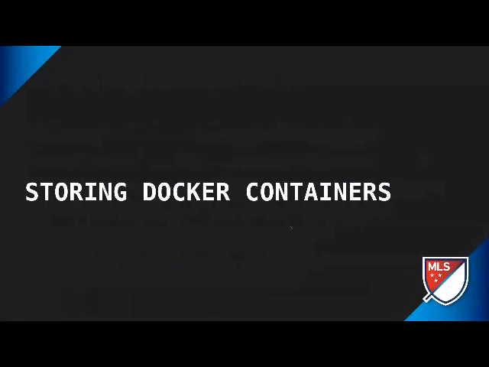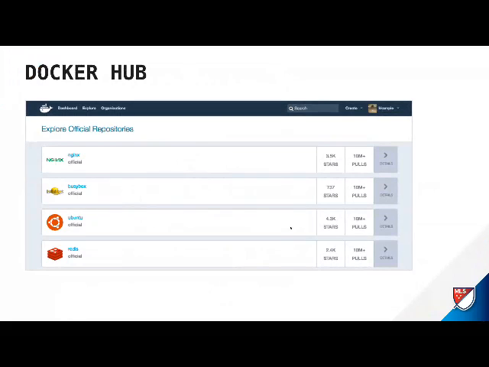So now that we can tag them and we understand we have to build them, we need to store Docker containers. So you have a couple options. The first one is Dockerhub. So Dockerhub is basically the equivalent to GitHub, except instead of code repositories, it's Docker repositories for Docker images.